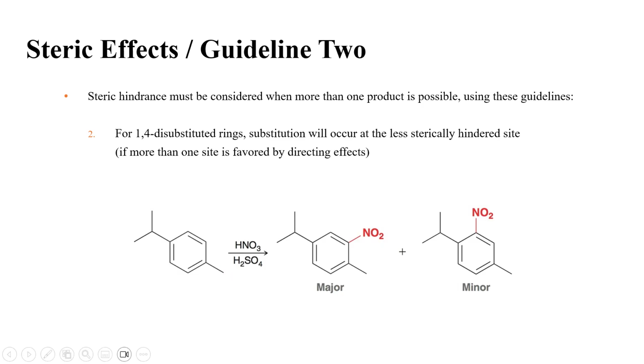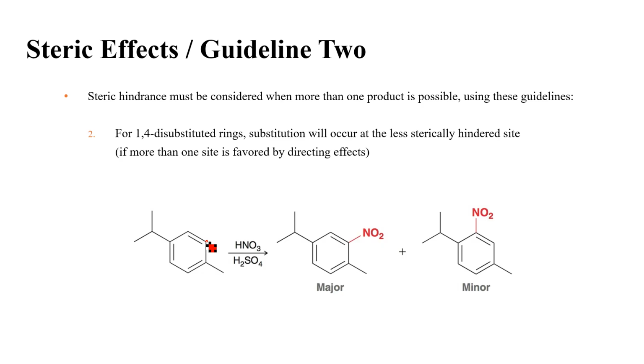Well, it turns out that the group that wins is the one that's the less sterically hindered, right? So the one that's not as bulky. So we clearly see that this methyl group is not as bulky as this one. And if the NO2 had to go anywhere, it's going to go based on whichever group is not as bulky, right?